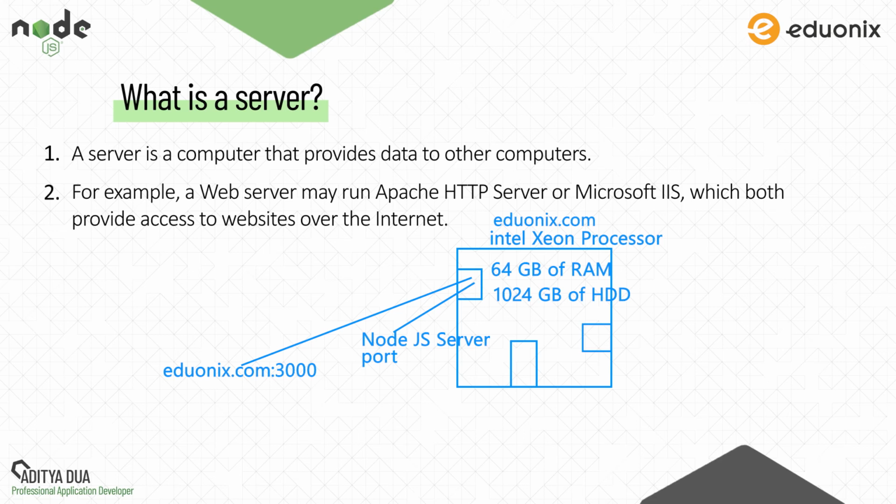Are you able to follow now? So what is Node, what is server, what is what. Now imagine this is my Mongo server. When I call Eduonix.com colon 27017, this means that this request will go to the Mongo database.